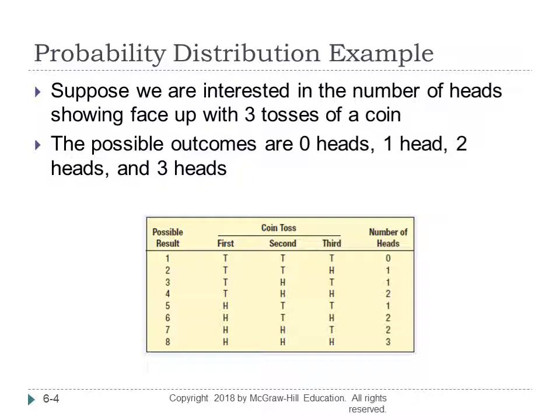You will notice that there is only one result that will give you 0 heads. There are 3 different results that will give you 1 head, and 3 different results that will give you 2 heads, and 1 result that will give you 3 heads. Thus every possible number of heads is listed, and every possible result of the experiment is listed and the number of heads counted.